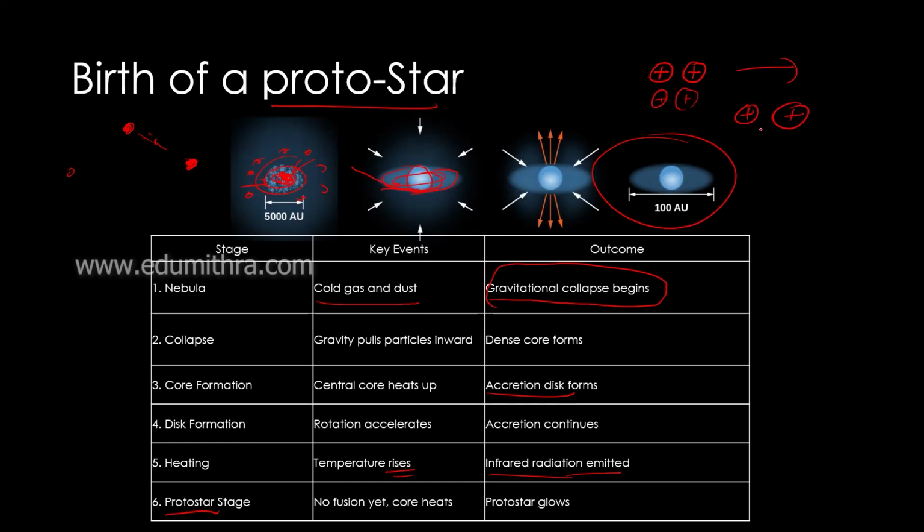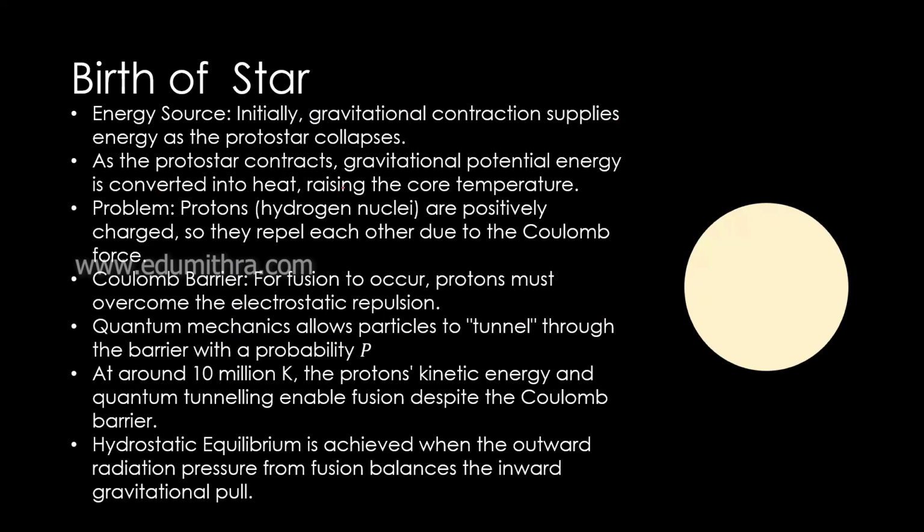So protons, or hydrogen nuclei, are positively charged, so they repel each other due to the Coulomb force, or simply the electrical repulsion. Because of that we call it the Coulomb barrier. That means they are not coming together. It is something like taking two north poles and trying to bring them together, which is difficult. Like that, there is a barrier because of this charge.